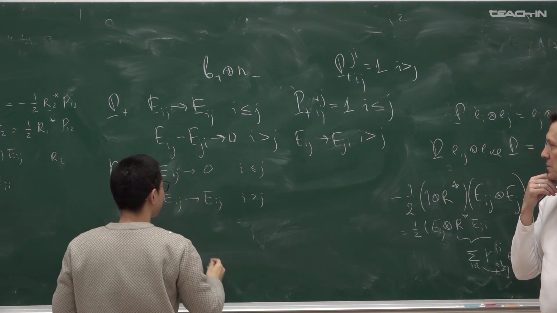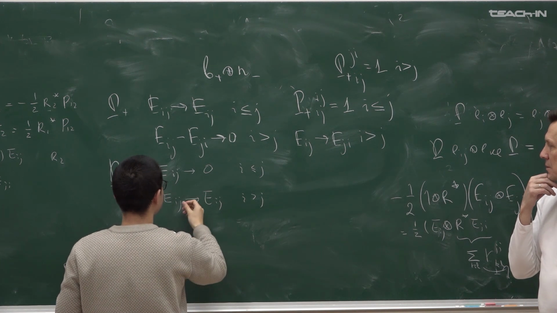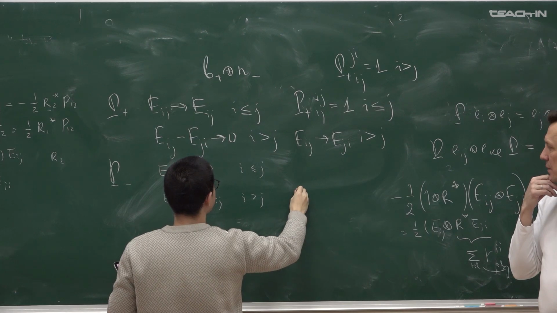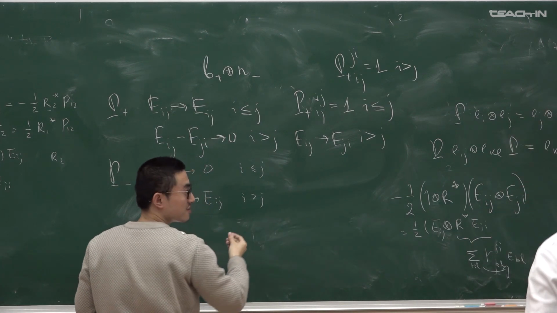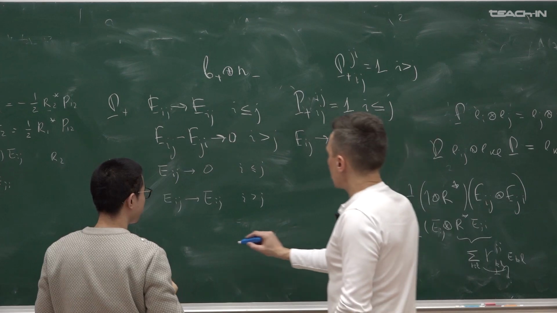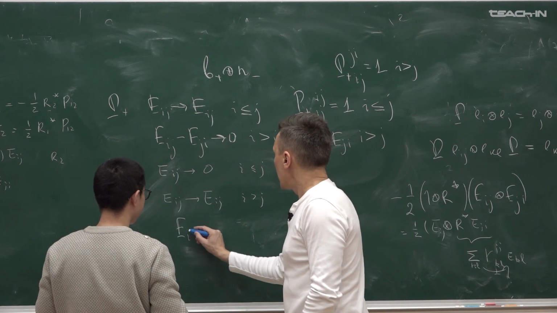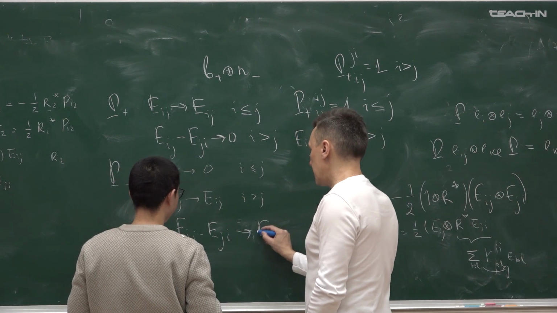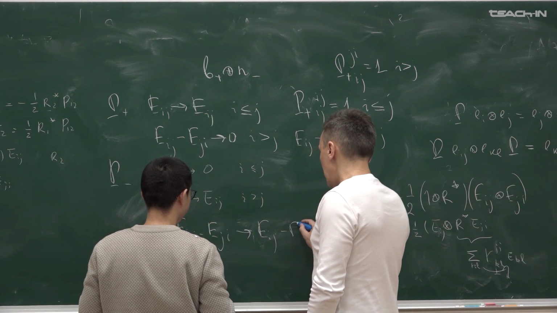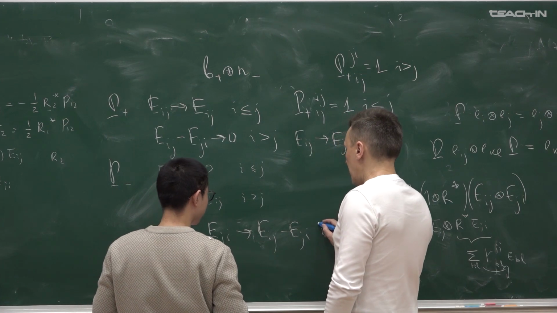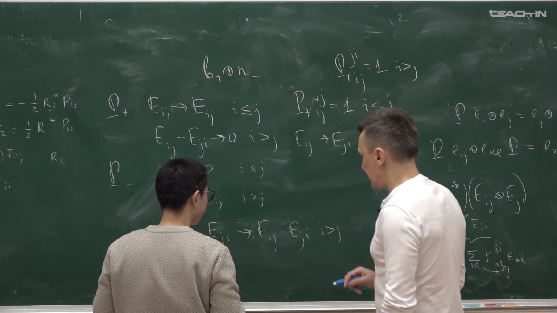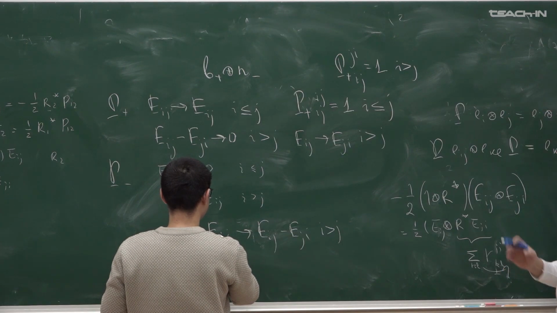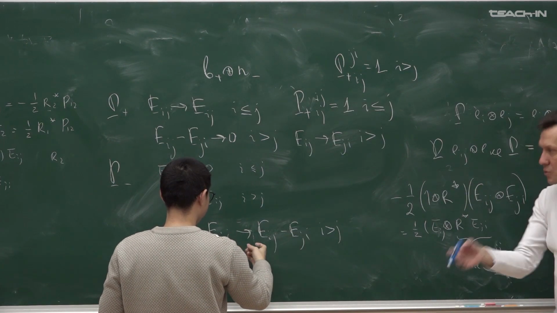It acts on Eij minus Eji to itself if i is greater than j, because it's a projection onto SO.